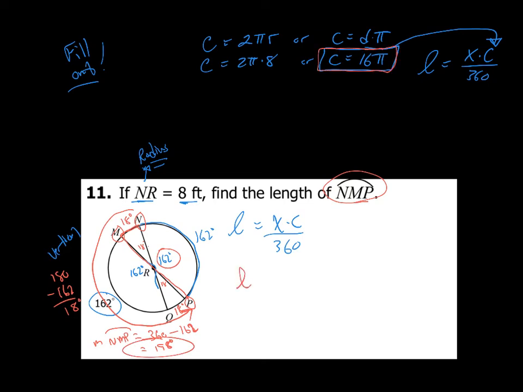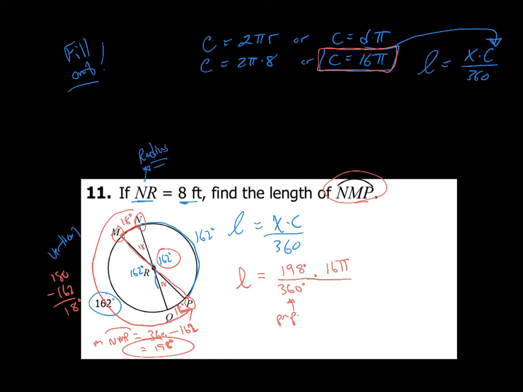The length of the arc is going to be equal to the measure of the arc, 198 degrees, divided by 360. Remember, this is the proportion of the circle we're talking about, times the circumference, which is 16 pi. I know the formula showed it all like that, so we'll leave it like that.